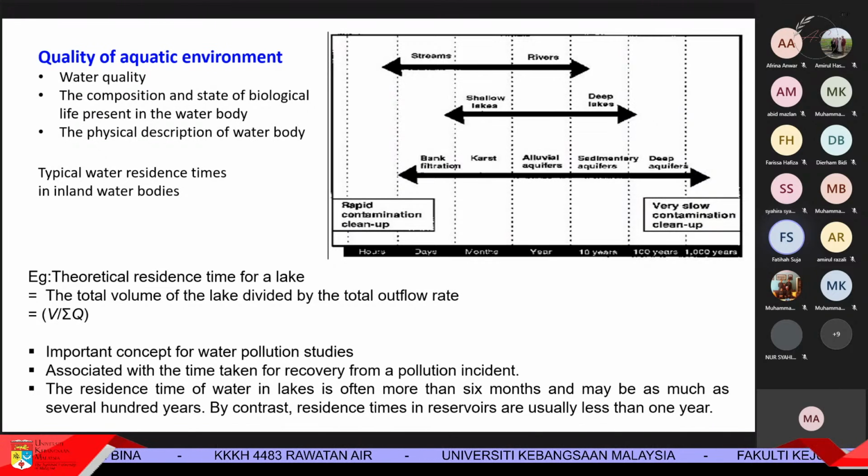So the contaminants will stay there for a very long time. So this is about residence time. Anything that you want to ask, you can ask now.